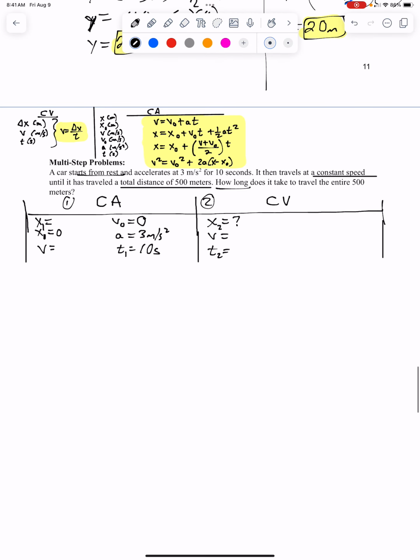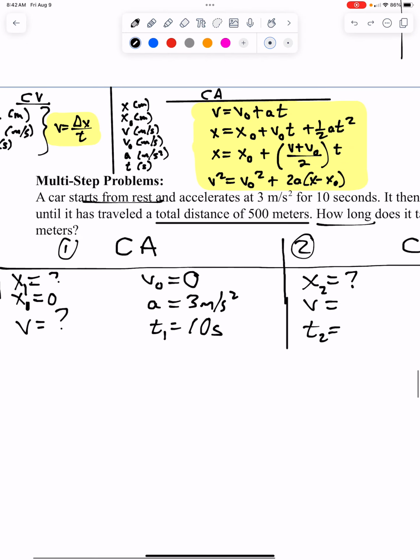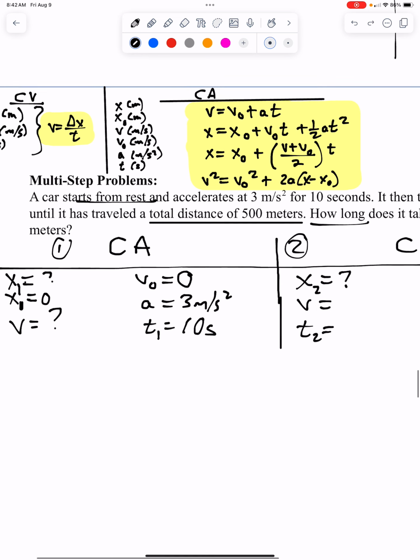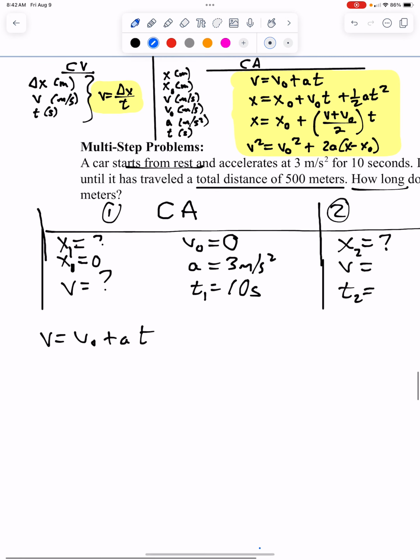So we have a few things to find. We don't know this, we don't know this. We're going to need to find both of them. Okay, so let's find the speed you're going at. If I want to find the speed as a function of time, I can use that equation up top. So we'll go V equals V naught plus A times T. V naught is 0.